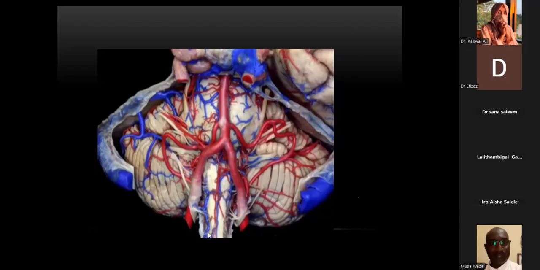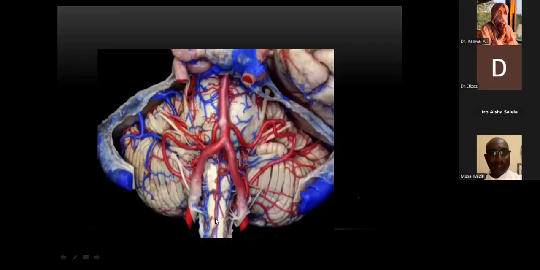Suppose this is the lower part of the medulla oblongata, and just above it. When targeting this area, we should know in our mind what the intraoperative image could be. It is very easy to get access to the lower part of the medulla oblongata, because laterally there are nerves and vertebral arteries, and posteriorly there is some venous plexus.